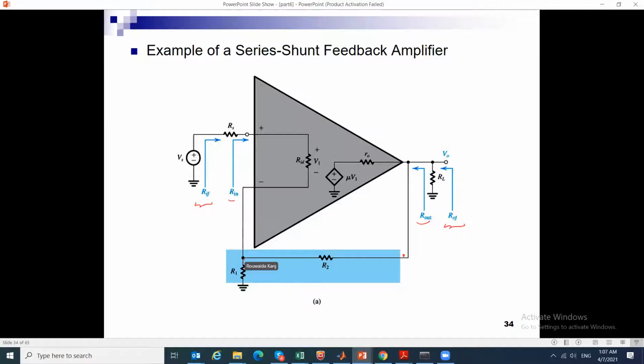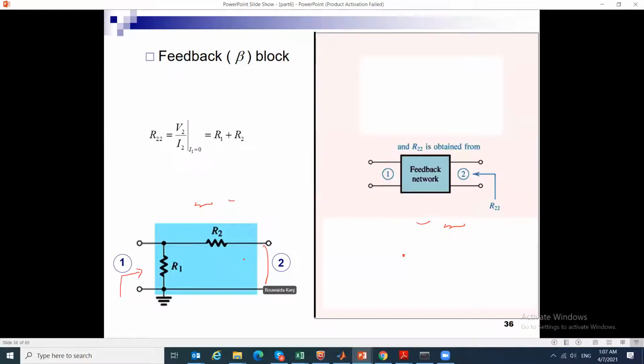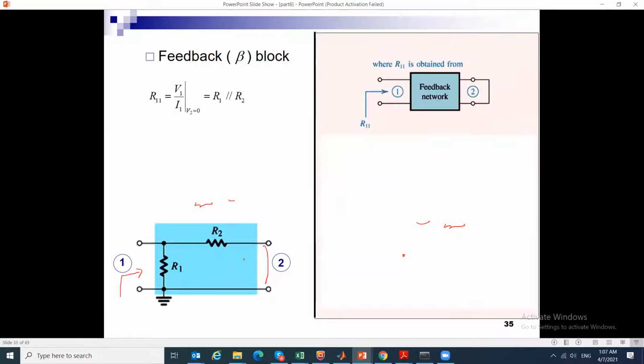This is the beta block, and so we took the beta block and we studied first R11, and we said R11 is looking from here while shorting this node according to the rule. So it's R1 parallel to R2.